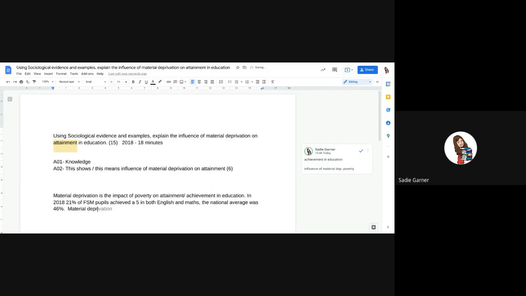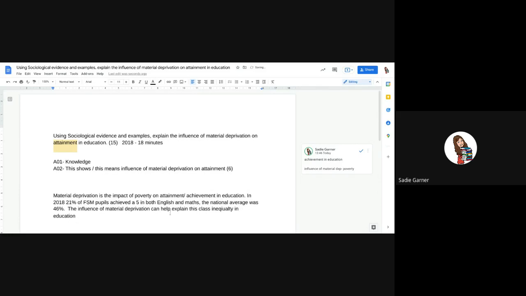Oh, sorry, I'm going to try and change that. The influence, because I'm trying to keep using the phrasing of the question. The influence of material deprivation can help explain this class inequality in education.